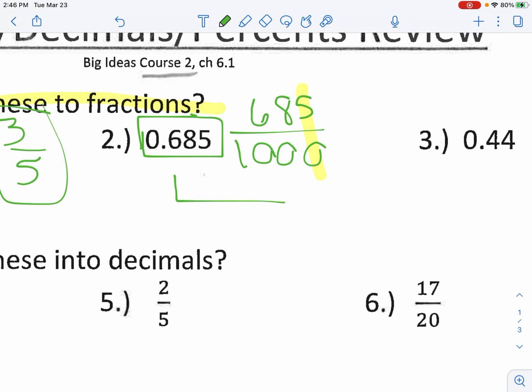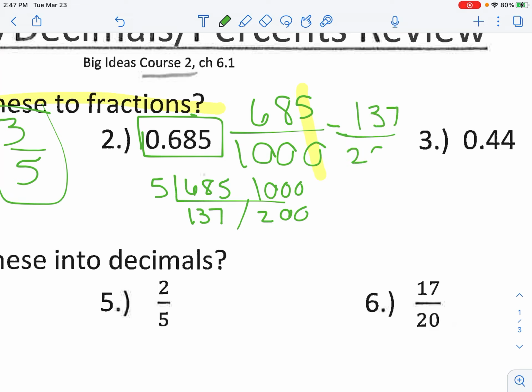So we're going to make a division ladder for 685 and 1,000. We can divide both numbers by 5. 685 divided by 5 is 137. And 1,000 divided by 5 is 200. So this answer has to reduce to 137 200ths.